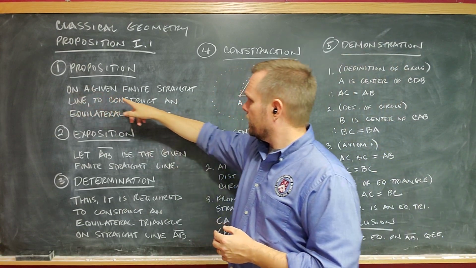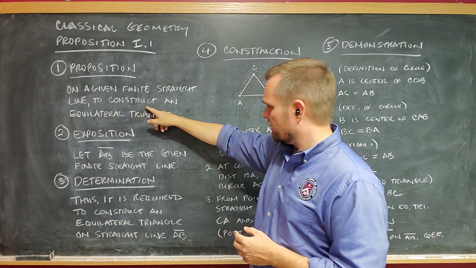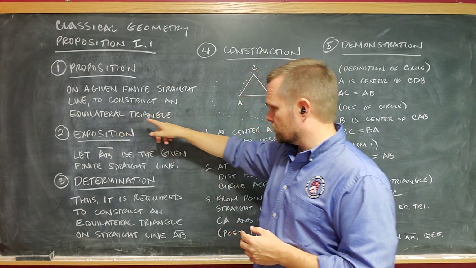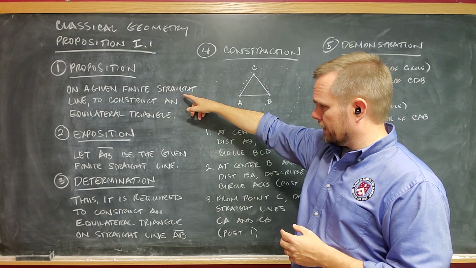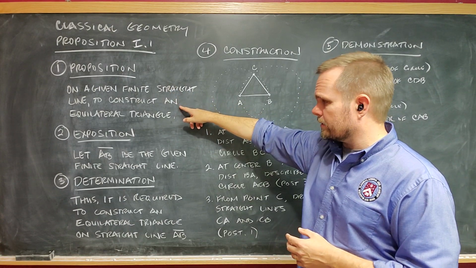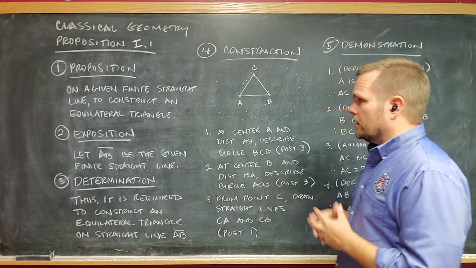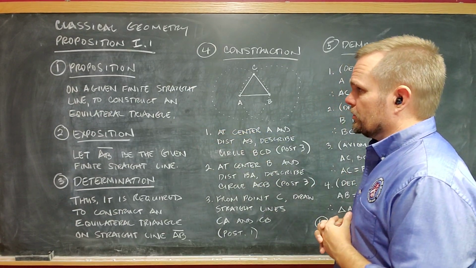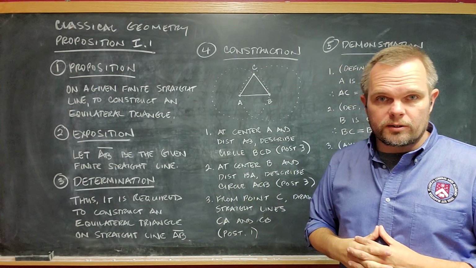On a given finite straight line, to construct an equilateral triangle. Okay? That's our proposition. That's what's proposed to us. That's what we're seeking a solution for.